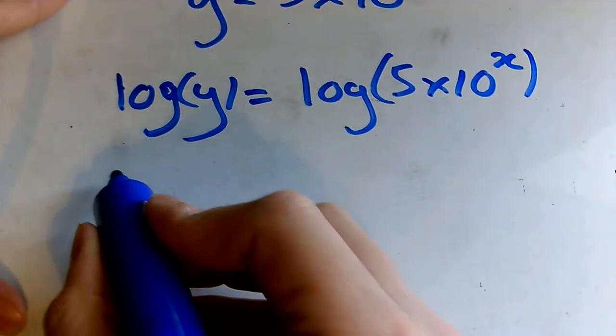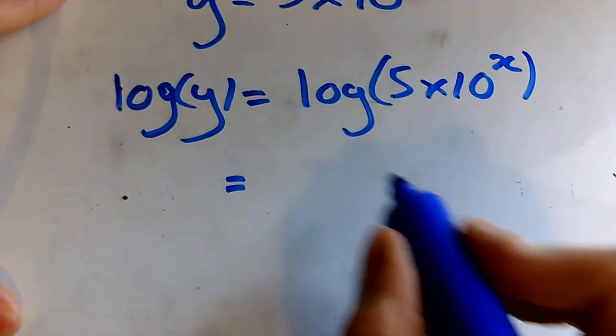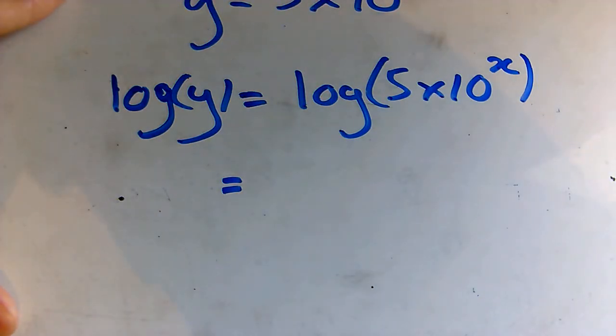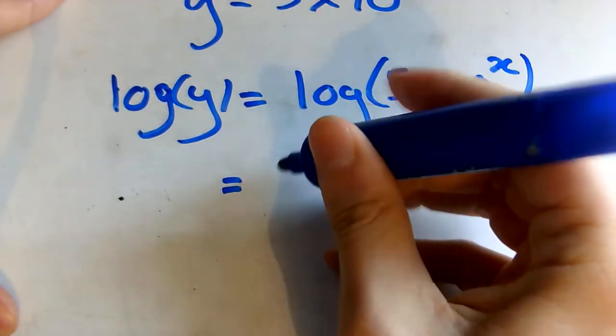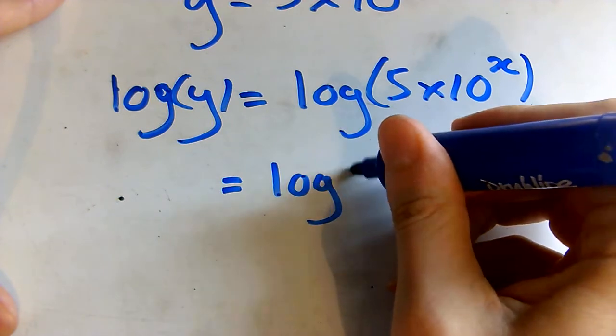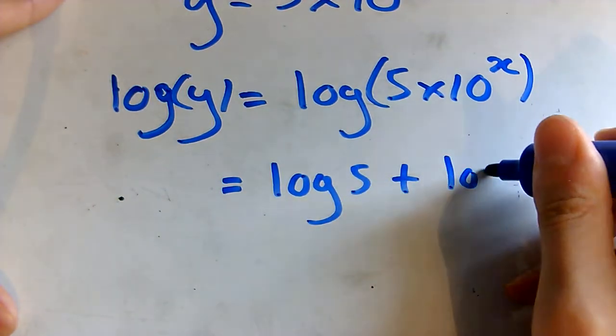Now, the left side is not going to be simplified at all, so I'm just going to write equals there for now. This side here, though, we know from the log rules that if we've got two things being multiplied here, we can actually write those as separate logs being added.